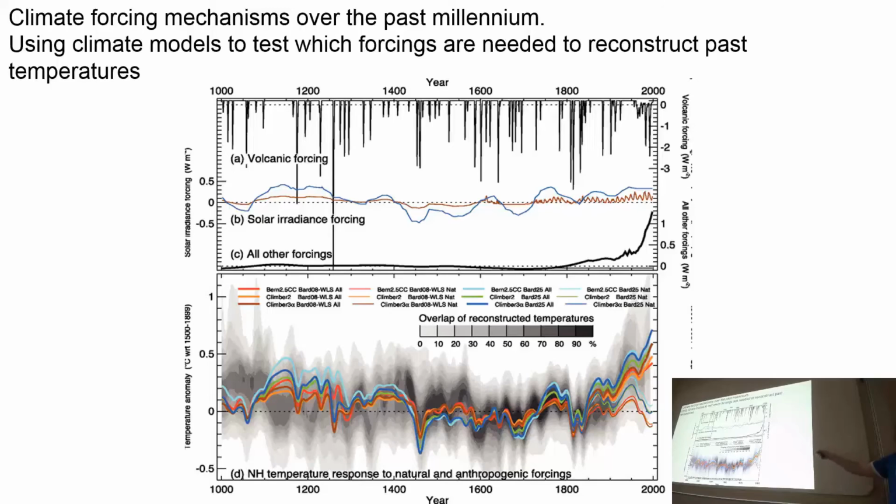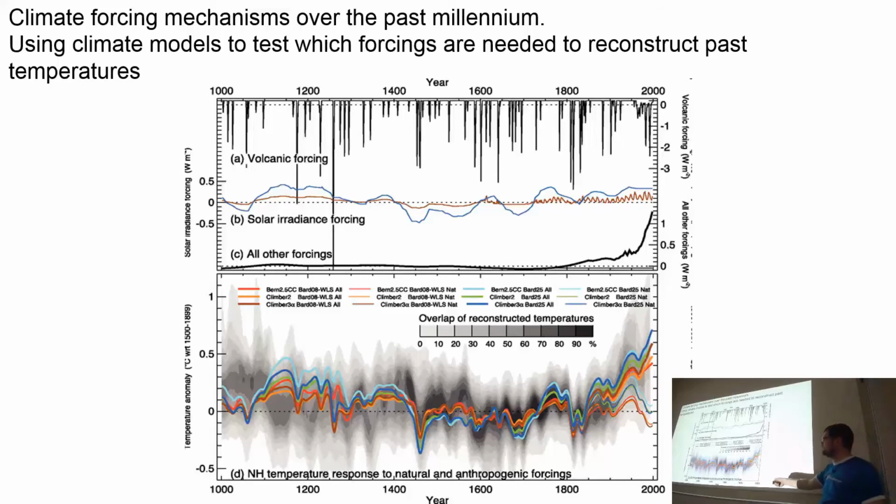Volcanic forcings act as sporadic coolings. You can also see a little more forcing in the late 20th century, largely due to increased industrial activity pumping out sulfate aerosols. We've got solar forcing and carbon dioxide, or basically all of our greenhouse gas forcing.